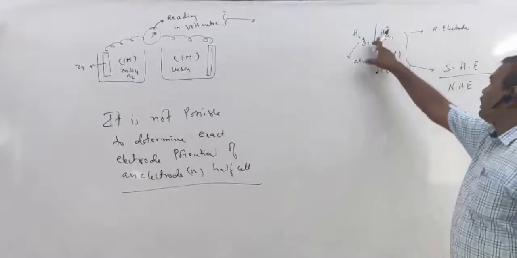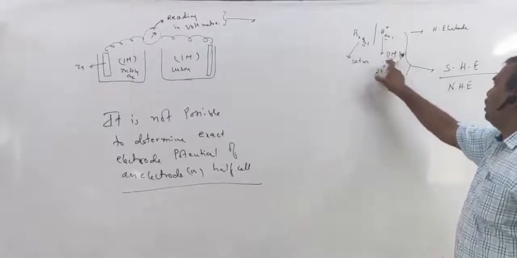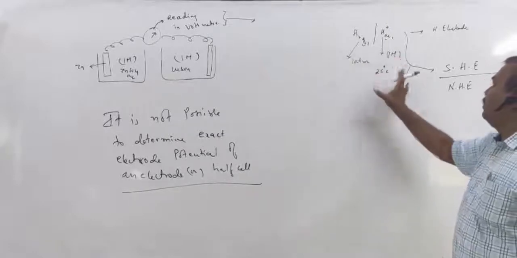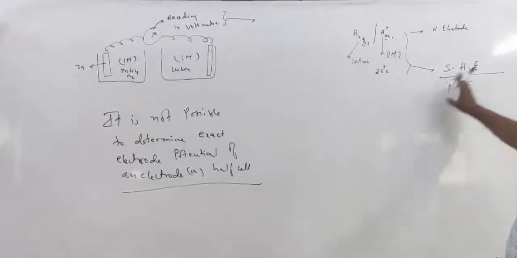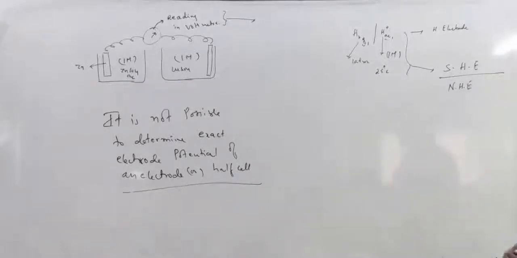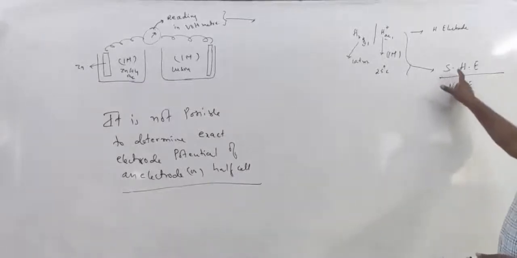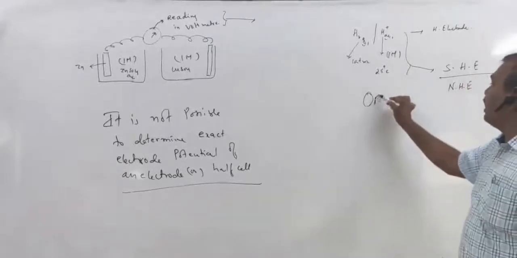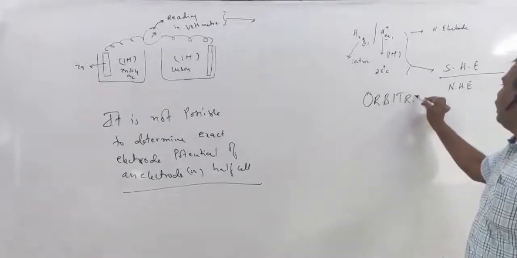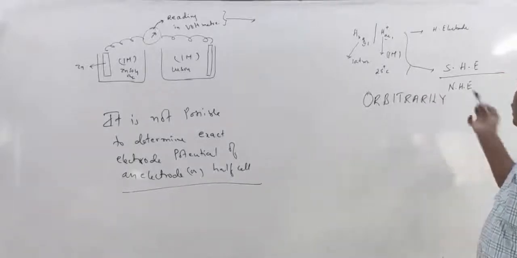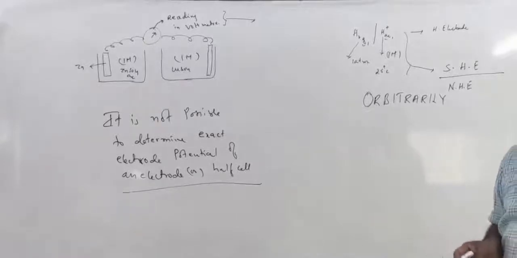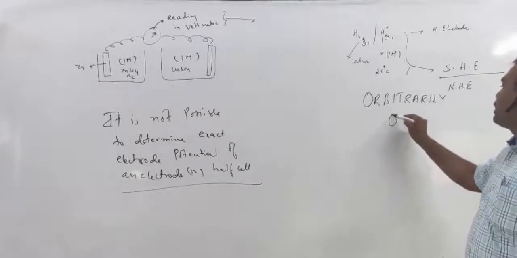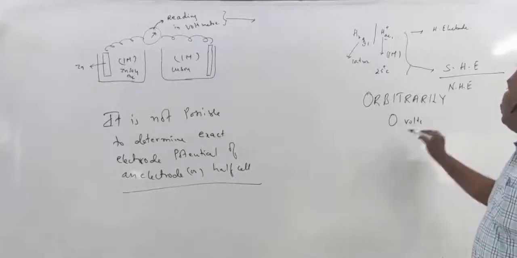If the concentration of H plus ions in the solution is 1 molar, the hydrogen gas is at 1 atmosphere pressure and the system is at 25 degrees Celsius, then the hydrogen electrode is taken as the standard hydrogen electrode or normal hydrogen electrode arbitrarily, because we don't have an option. So arbitrarily, its electrode potential is taken as 0 volts.